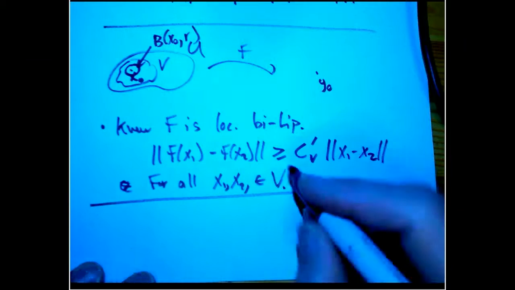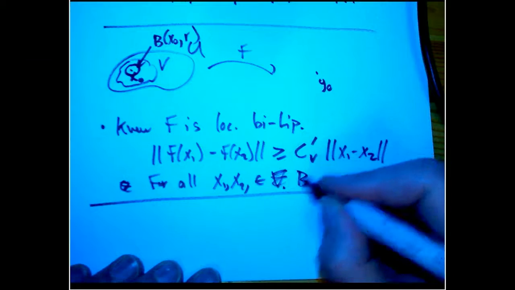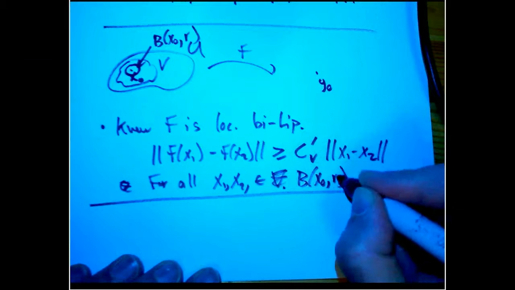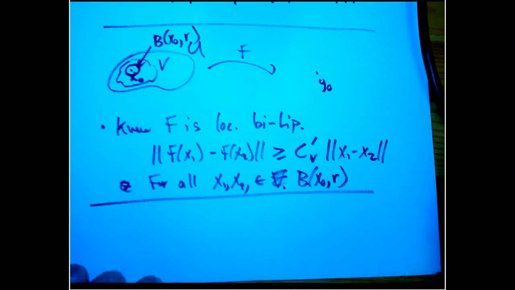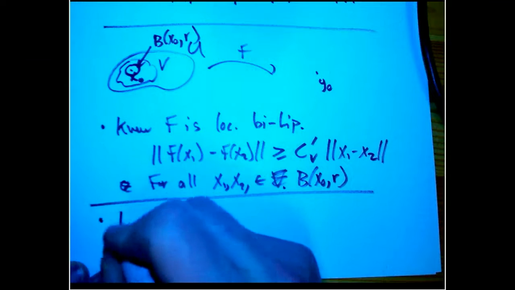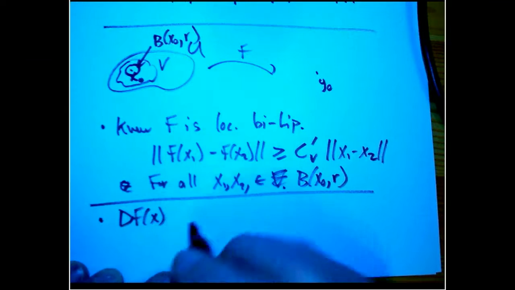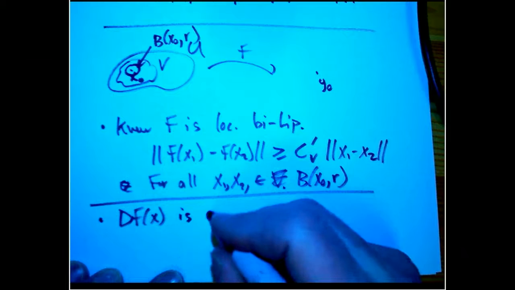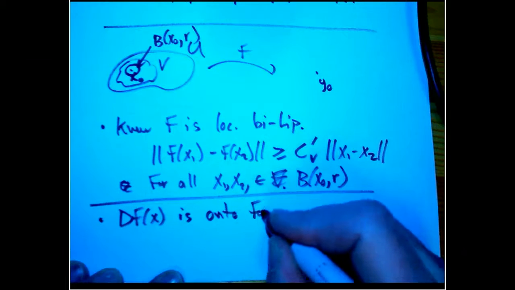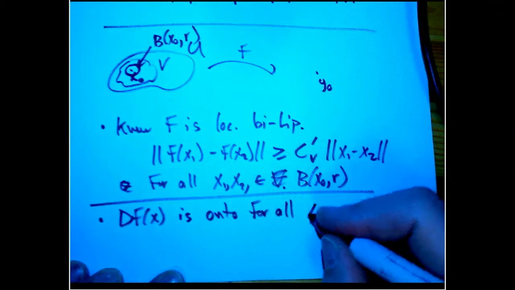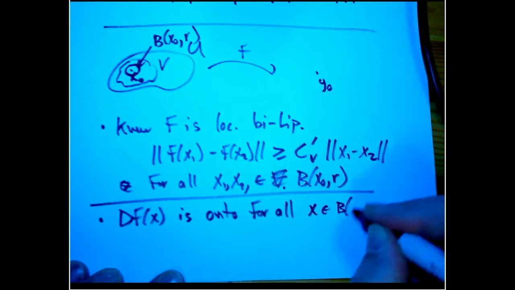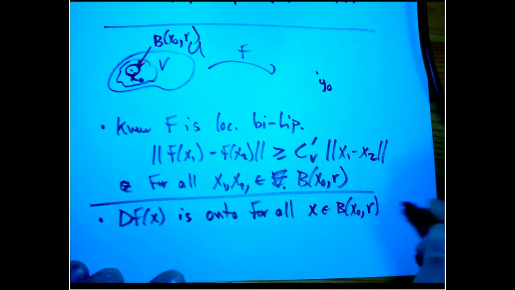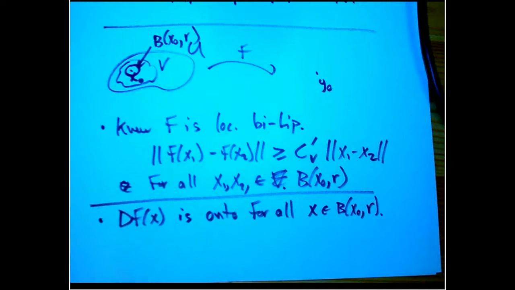So in fact, we just really need it on B x naught r. And then the only other thing we're going to use is that df of x is onto for all x also in this ball. We really are assuming it's onto everywhere in U, but this is all we need.